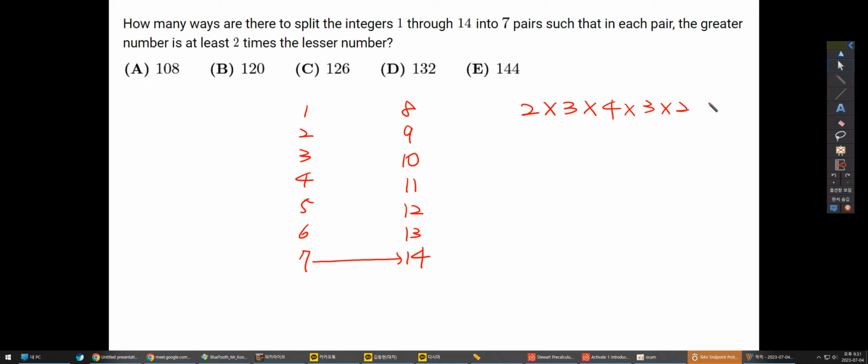So like this. Can you multiply these numbers? So it's like 6 times 24. So the product is 144. Yeah. So the answer is E.